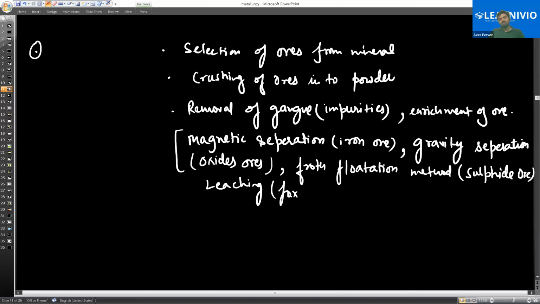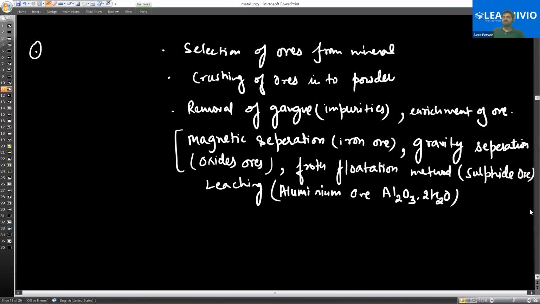Bauxite is an ore of aluminum, especially Al2O3.2H2O.